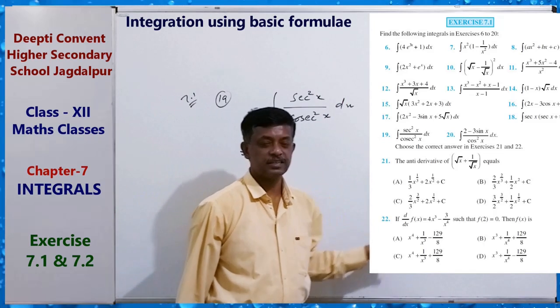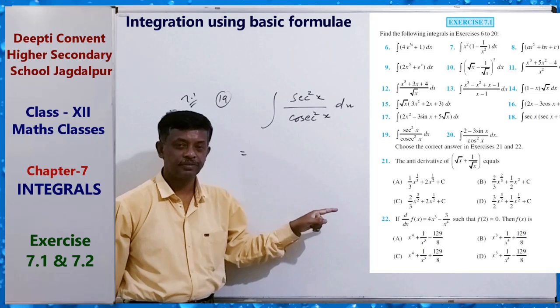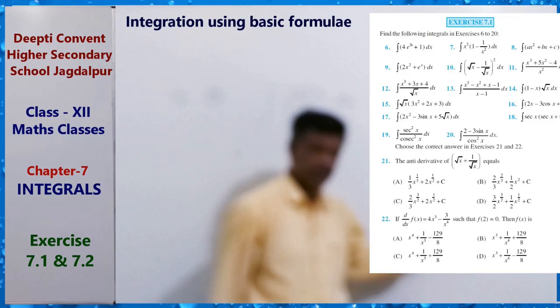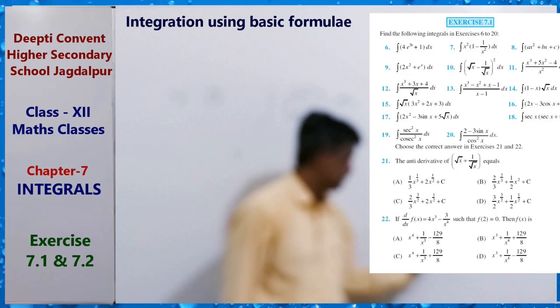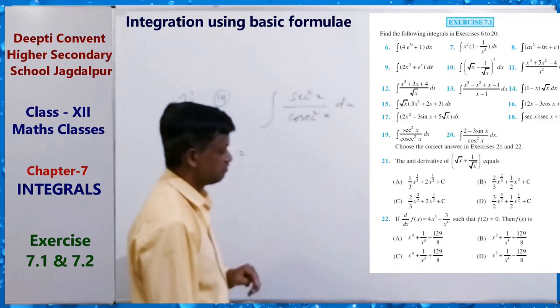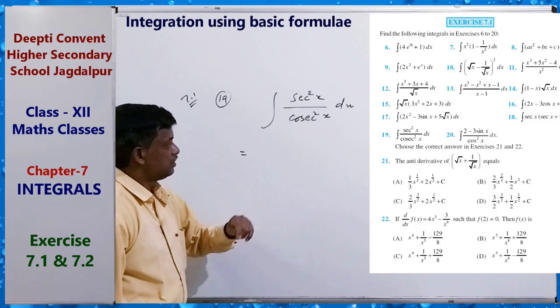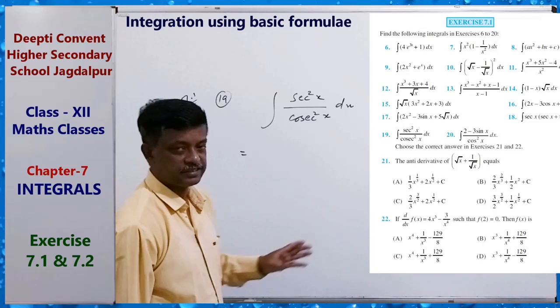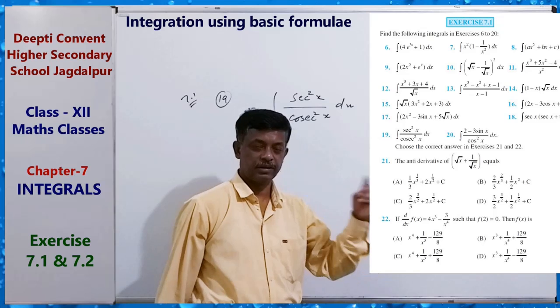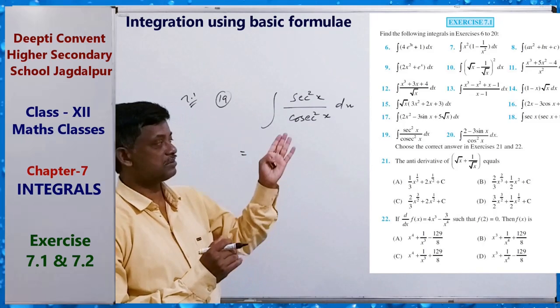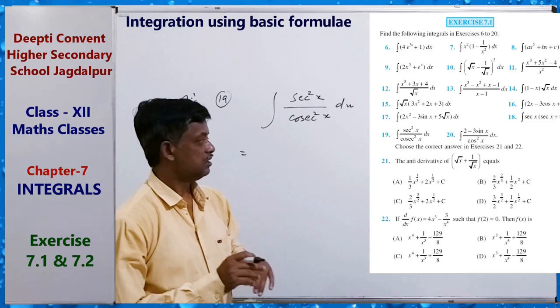Integration of sine, integration of cos, integration of sec square, integration of cosec square, and integration of sec x tan x and cosec x cot x. Here we are trying to find the integration of sec square; we know it is tan x.